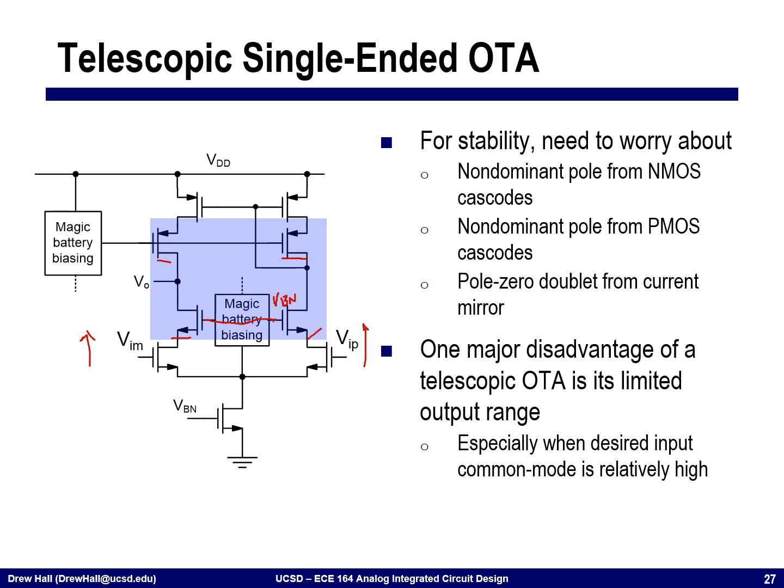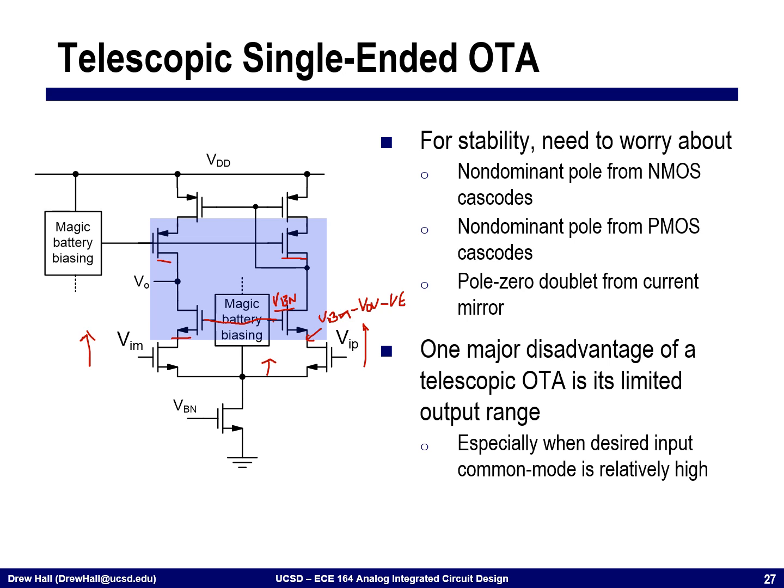This node is fixed by VBN at VBN minus VOV minus VT. And so when the common mode voltage here goes up, this tail node goes up, but this drain voltage doesn't change, okay? And so these devices, the input differential pair, they can go out of saturation depending on the common mode voltage, okay?